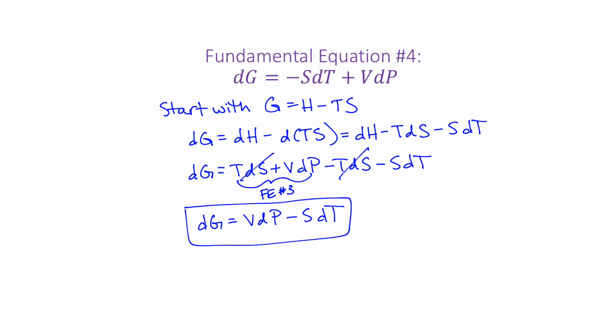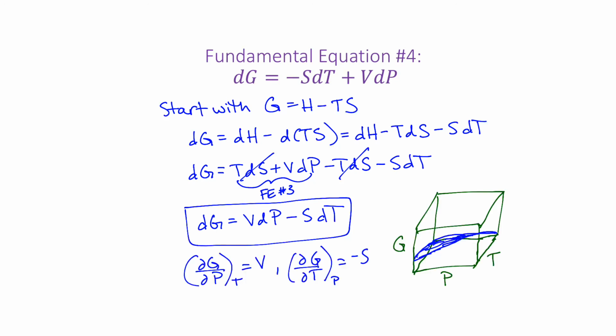Okay, so once again, we have our Gibbs energy in terms of our pressure and temperature state spaces. So why don't you take a second and see if you can put together the slopes and your 3-dimensional state space for the Gibbs energy. Okay, so hopefully you gave that a shot, and here are the slopes that you should end up with for the Gibbs energy.